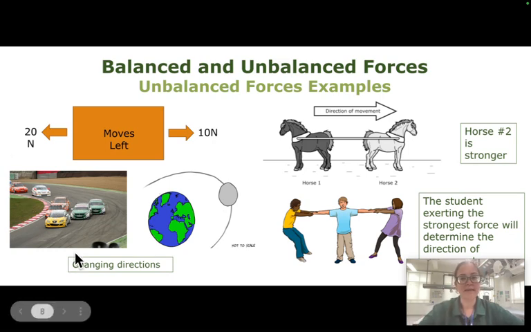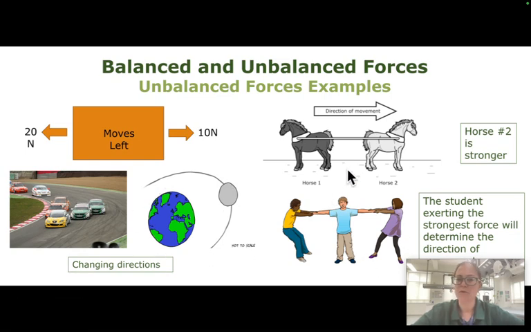These race cars, again, are going around a track in an oval, and so they are constantly changing direction. If they're trying to win, they're probably changing their speed quite often too, because they're going to try to go around each other. And the moon, like we said, it's going around in an elliptical orbit, and so it is constantly changing directions and positions.